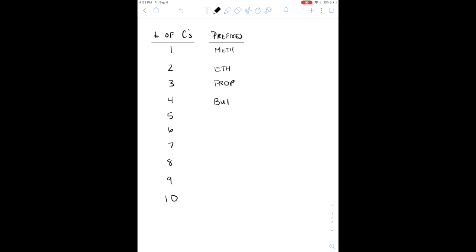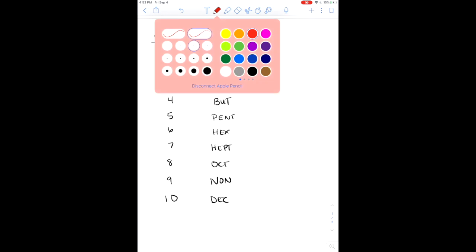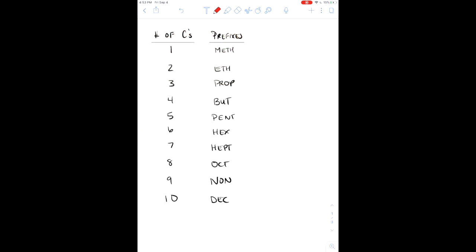For 4, but, like butane, and then it goes pent, hex, hept, oct, non, and then dec.